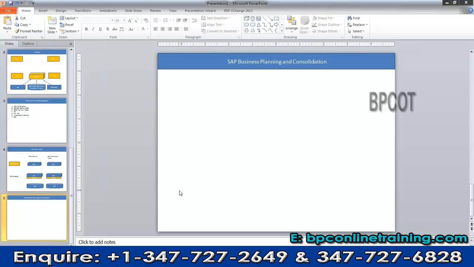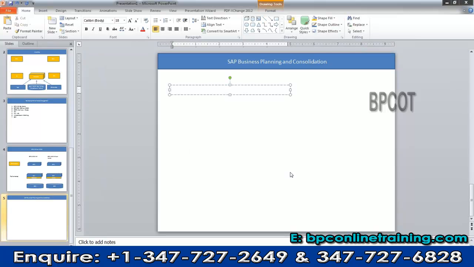What can you do using SAP Business Planning and Consolidation? You can do planning. What planning can you do? Your next year estimations or current year estimations. Your next 10-year planning can be done using the SAP Business Planning solution. First thing, you can do the financial planning.